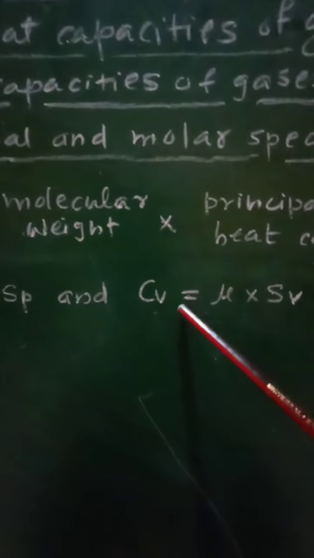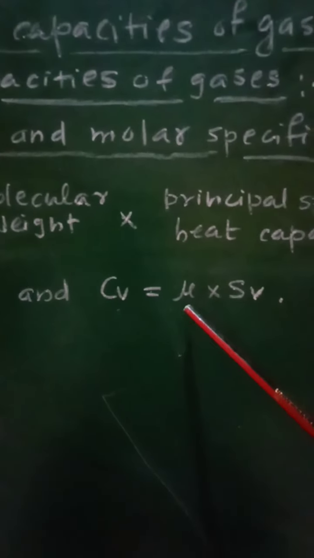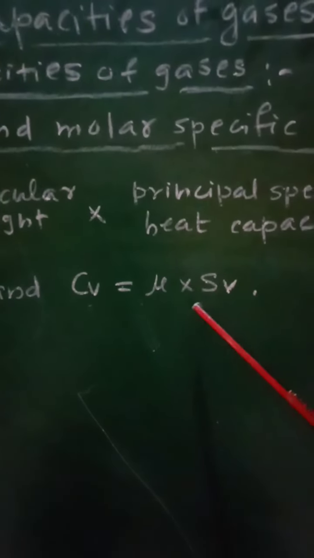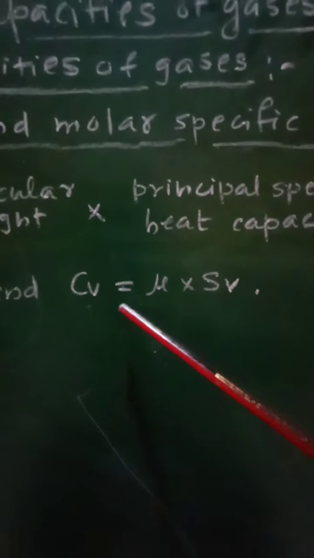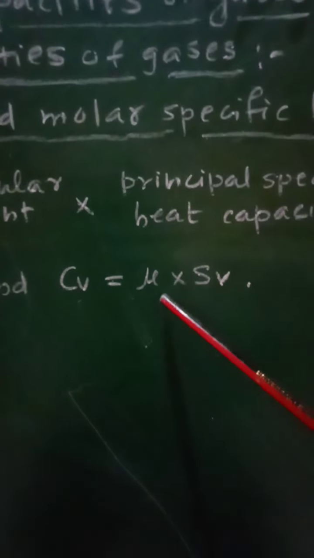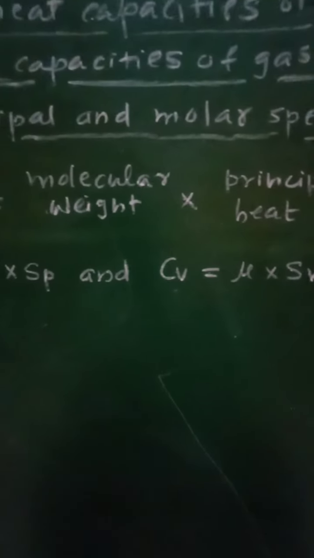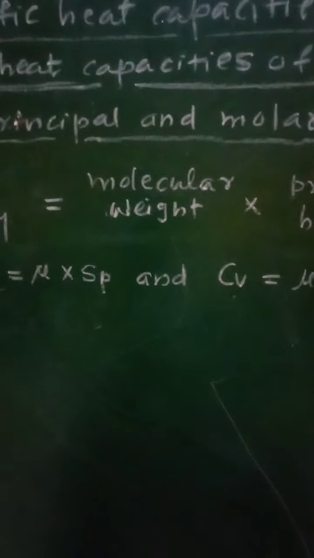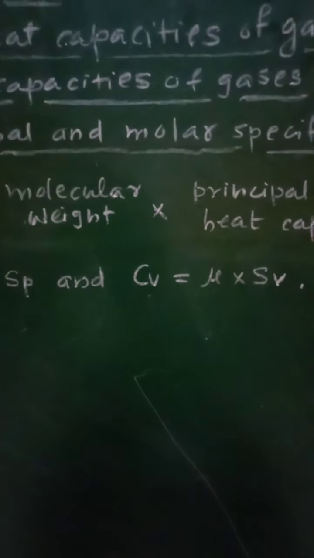Similarly, the molar specific heat at constant volume Cv will be equal to molecular weight mu into principal specific heat capacity at constant volume, and therefore Cv is equal to mu into Sv. So this will be the relation between molar specific heat capacity and principal specific heat capacity for the gases.